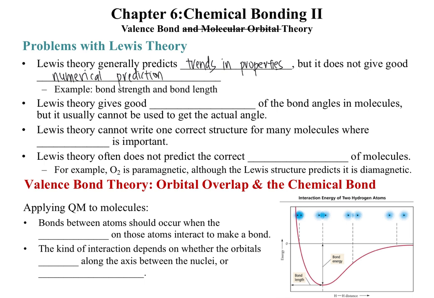If I have carbon dioxide, it has this Lewis structure, but we would assume that these bonds are created equally. It does a good job at first approximations for information, but it doesn't give us actual bond angles.